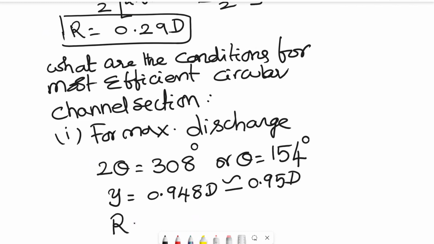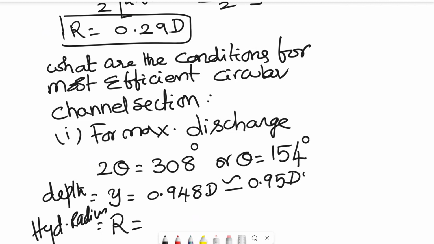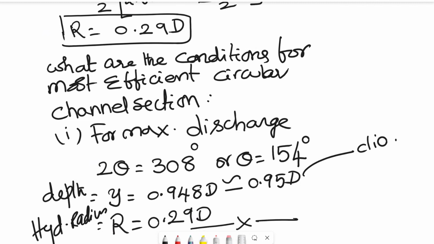Then the third one is R, the hydraulic radius, which is 0.29d. So these three, if you remember, that will be fine. So we will stop this lecture at this.